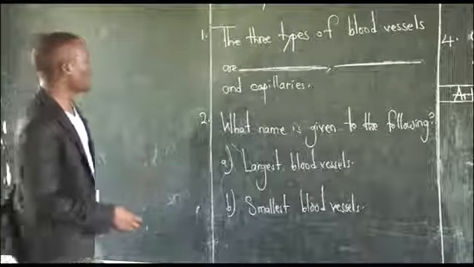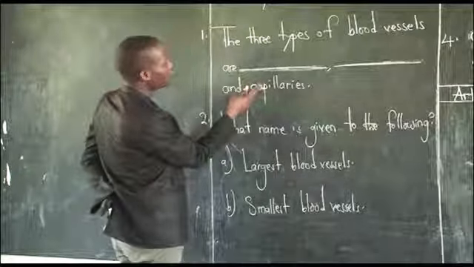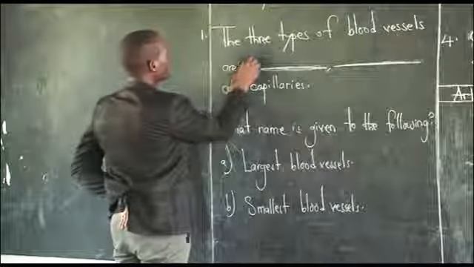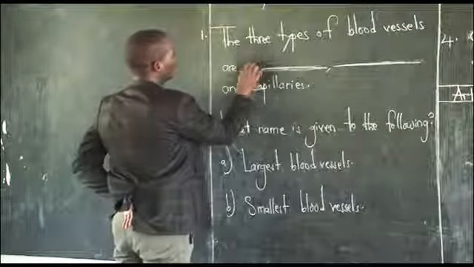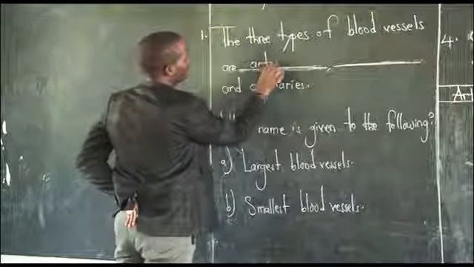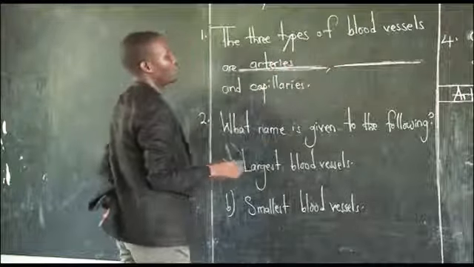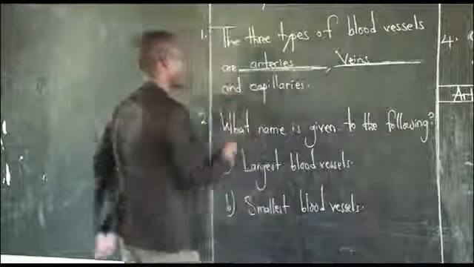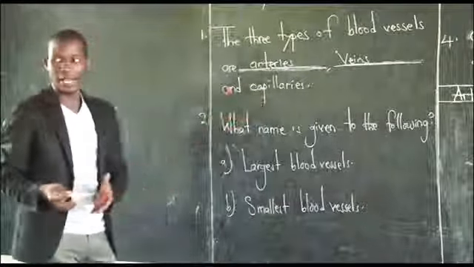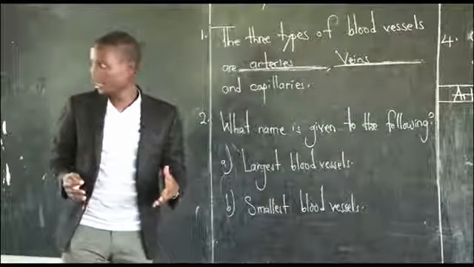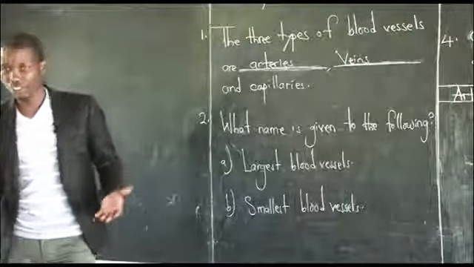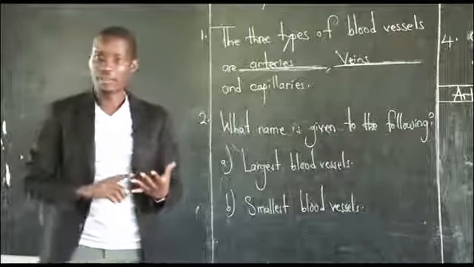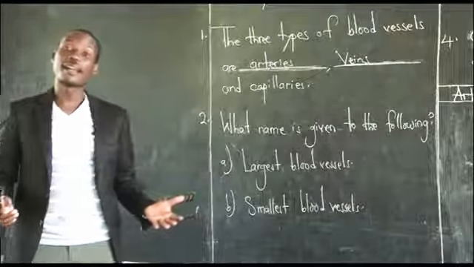We have arteries, then veins, and lastly capillaries. So you can be asked to mention the three types of blood vessels: veins, capillaries, and arteries.